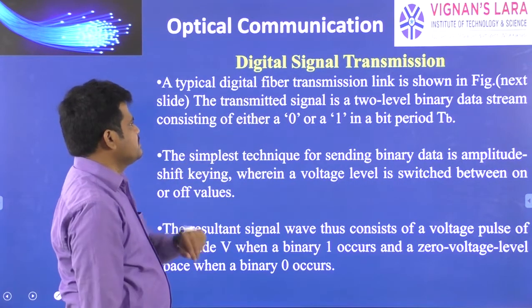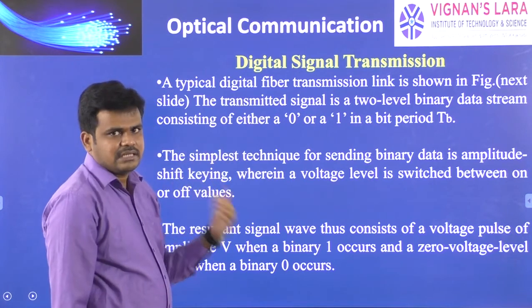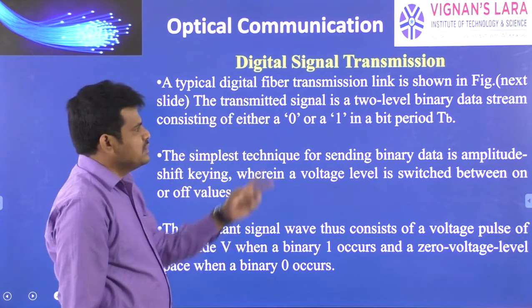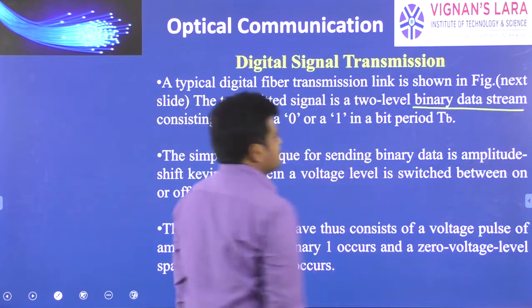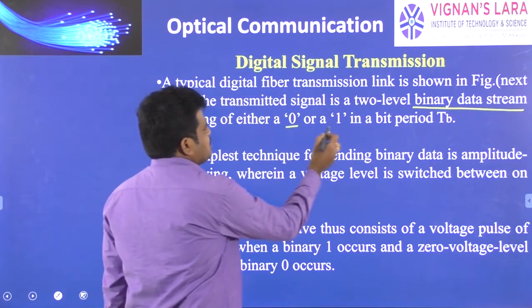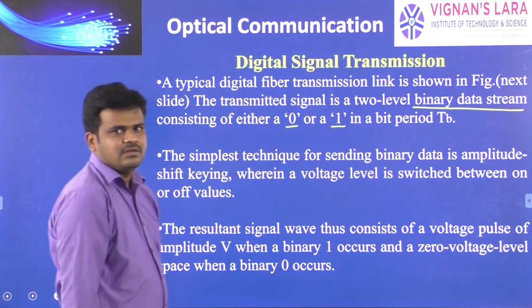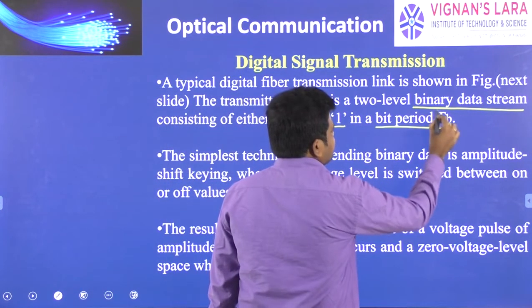In digital signal transmission, the transmitted signal is in the form of a binary data stream. That means it consists of all ones and zeros, with a bit period of TB.